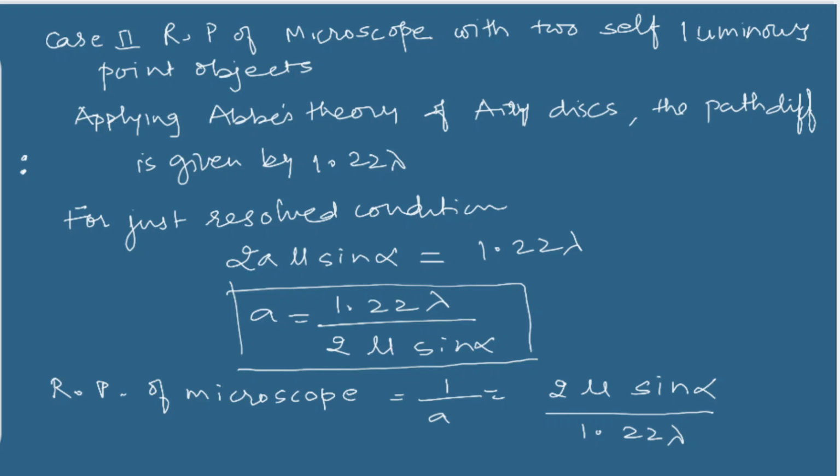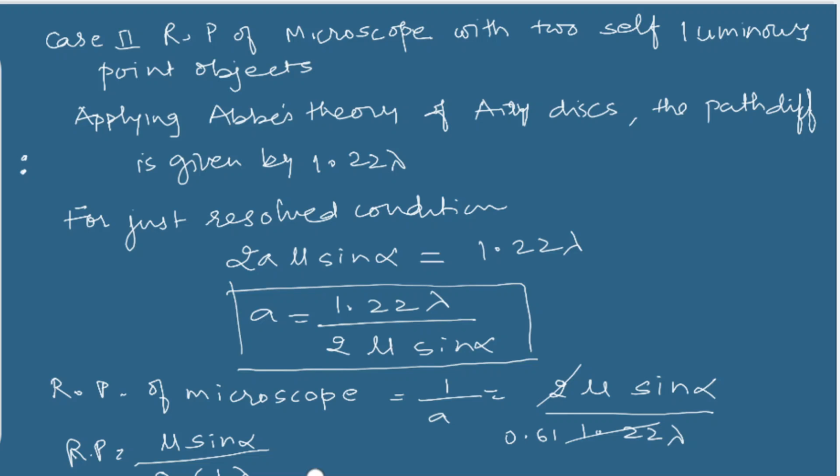After dividing this, RP is equal to 2 and 2 cancel, so it becomes 2 by 0.61. So RP becomes mu sine alpha divided by 0.61 times lambda.